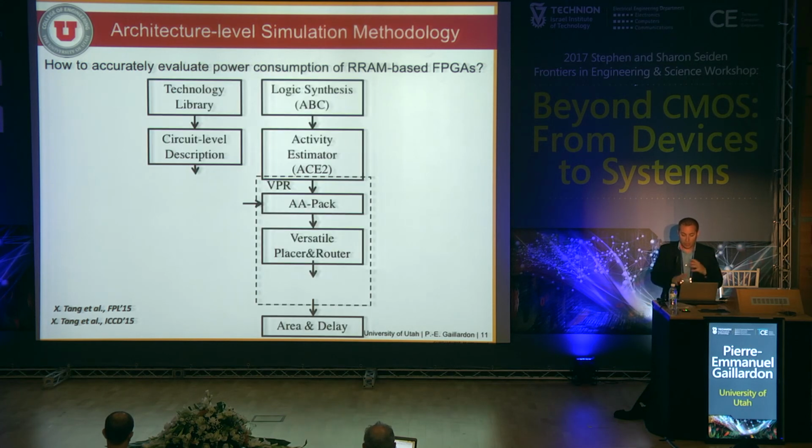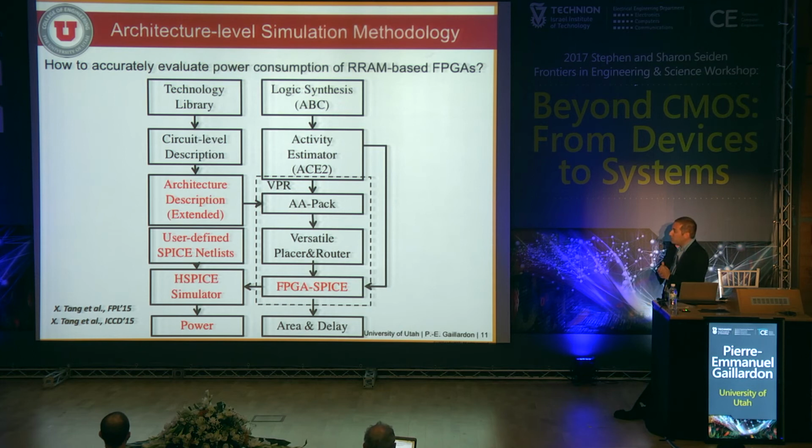So we created an extension called FPGA Spice that dumps an entire FPGA architecture into Spice netlists, and we're able to simulate that in a Spice simulator. Of course, we had to play with some tricks to speed up the simulation. But the general idea is that the numbers I'm going to report are based on electrical simulation and compact models.